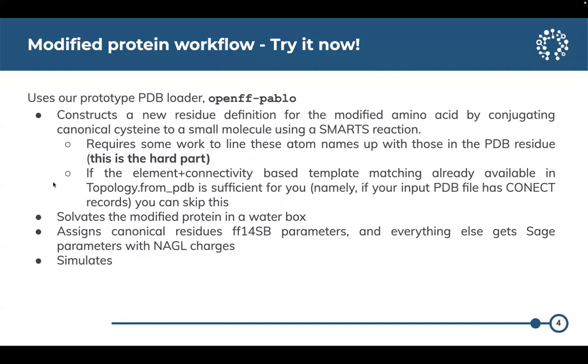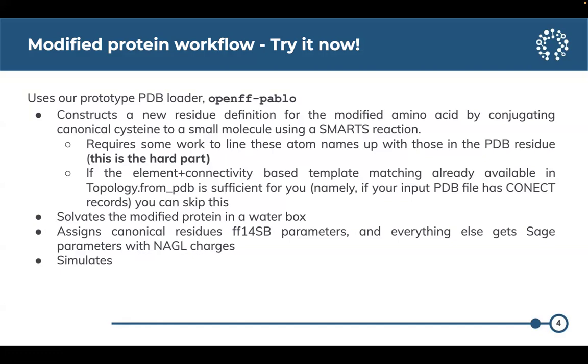Once the protein is loaded, things are pretty easy. We solvate the modified protein in a water box. People who had been using the old workflow might find this next step helpful. We are putting in a method. So right now we have a prototype of this that you can try that takes away a lot of the complications of blending these two force fields and dealing with charge methods.